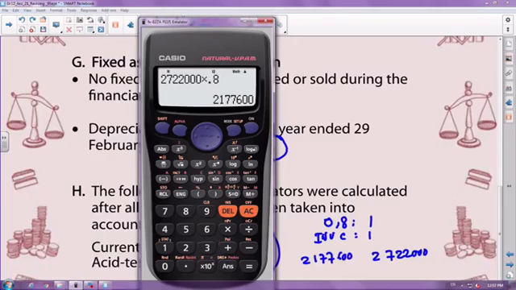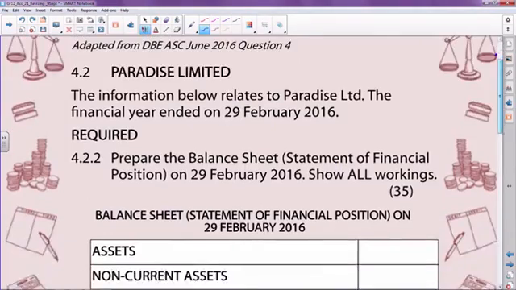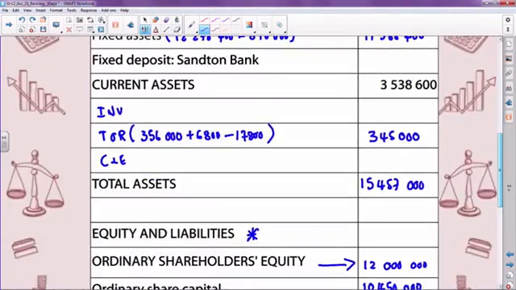Now, the 2,177,600 is made up of two components. What are those two components? It's made up of inventories plus cash and cash equivalents. Got that? Okay, but I have my inventories, don't I? Let me say that again.